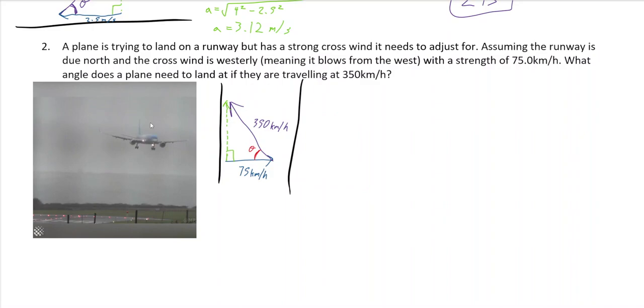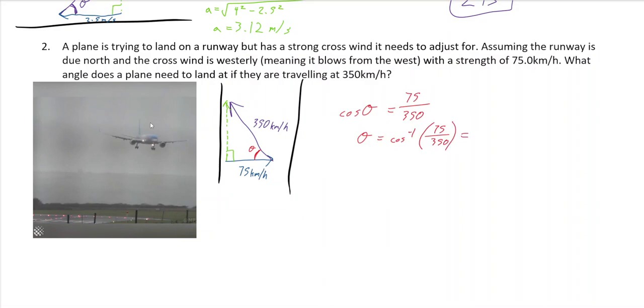So we're looking for this angle theta. And basically it's just like the last question. So cos theta equals adjacent over hypotenuse. Theta equals cos^-1 of adjacent over hypotenuse.